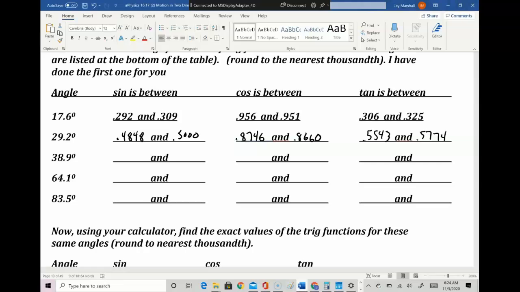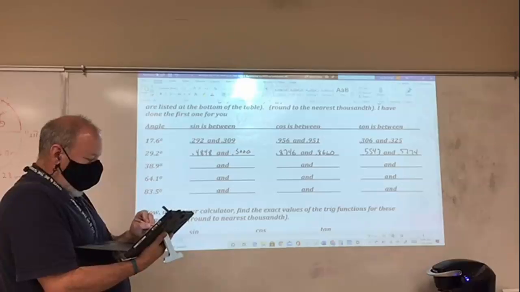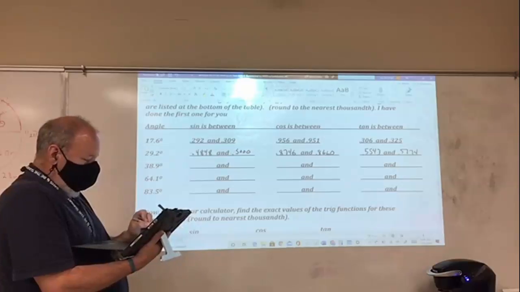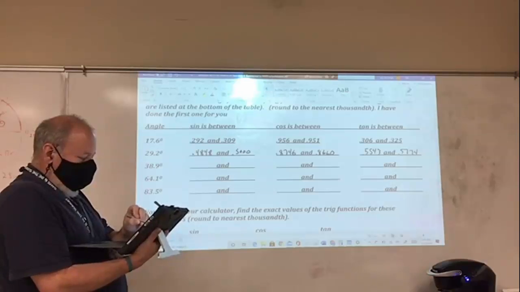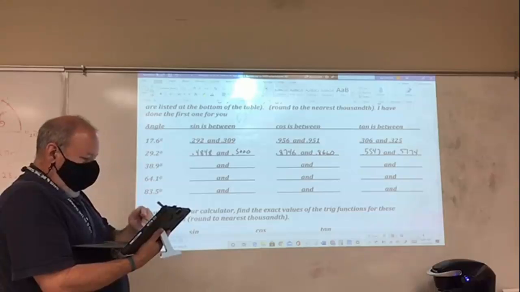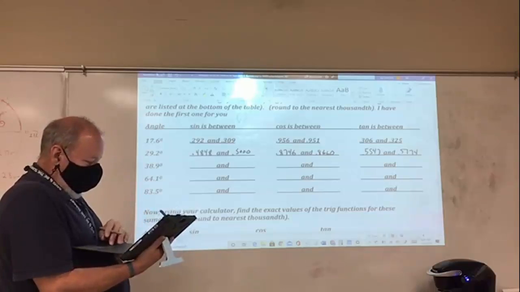We would expect it to be less than 1 since it's less than 45 degrees. For the sine, it's about 1/2, right? Because it's about 30 degrees. That's our dividing line. Less than 30 degrees, and I'm going to be less than 1/2. And cosine at 30 degrees is 0.8660.